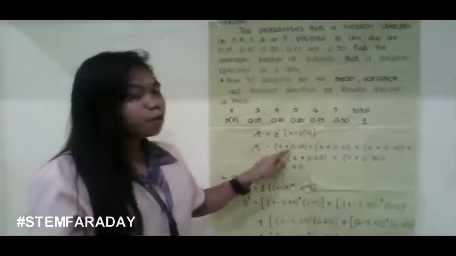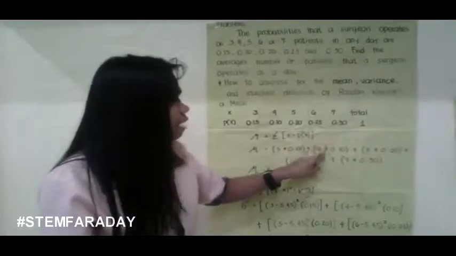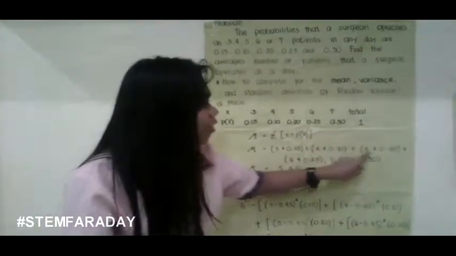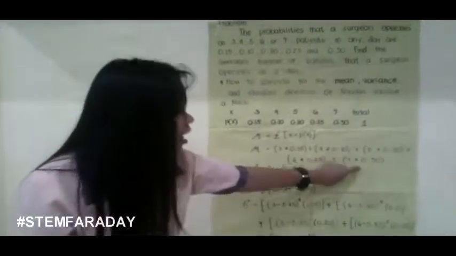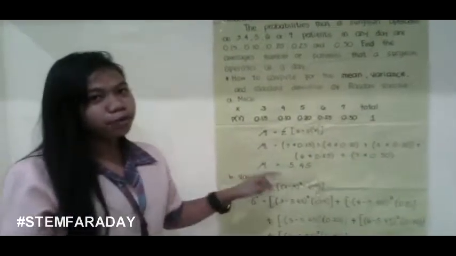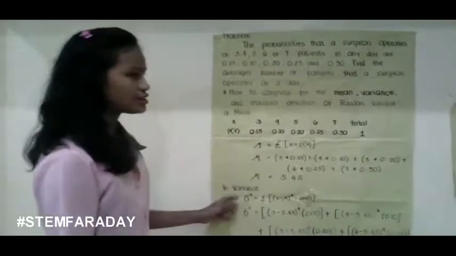So the summation of 3 times 0.15 plus 4 times 0.10 plus 5 times 0.20 plus 6 times 0.25 plus 7 times 0.30. So we can get the mean. The mean is 5.45.